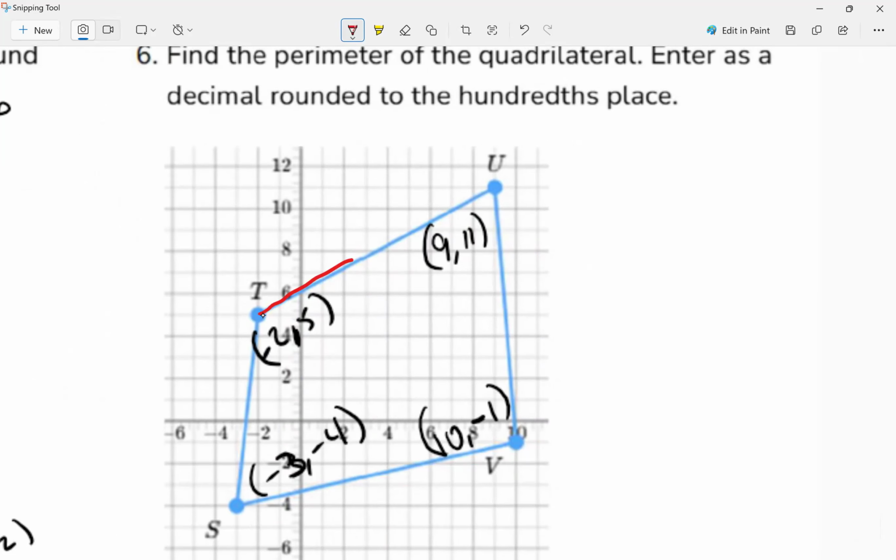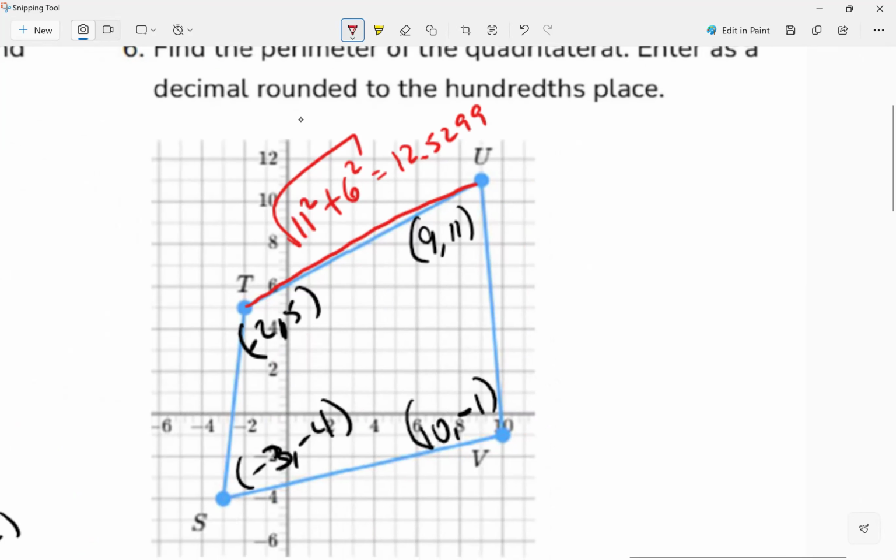Okay, so let me start with, I don't know, the side TU. If I was to subtract the x's, 9 minus a -2, I get 11. So 11 squared plus, if I subtract the y's, 11 minus 5, I get 6. The square root of 11 squared plus 6 squared gives me 12.5299.